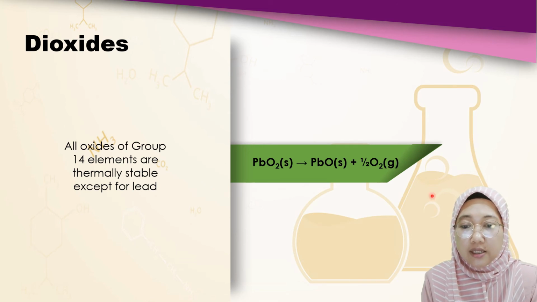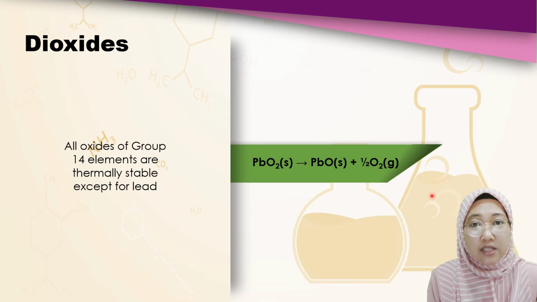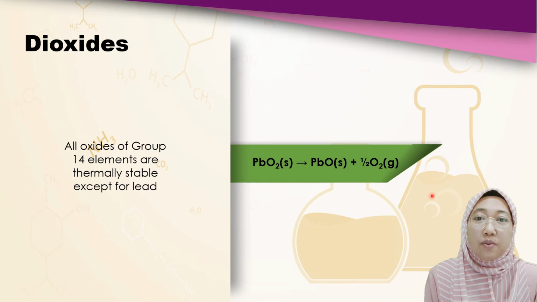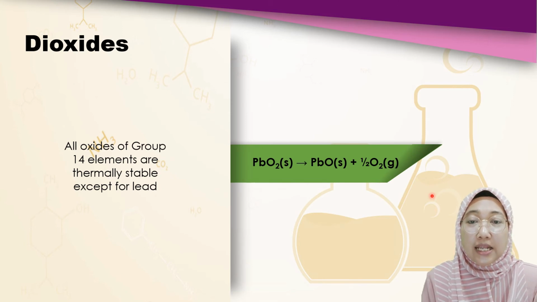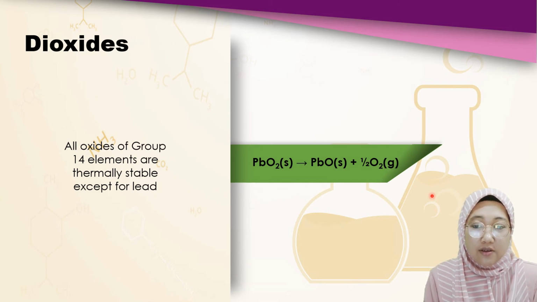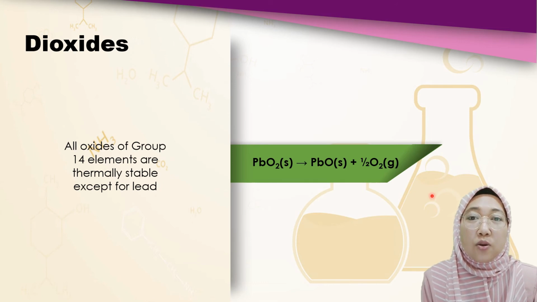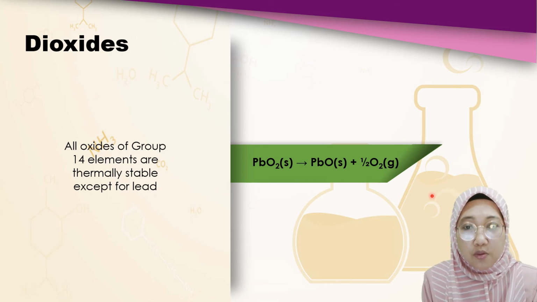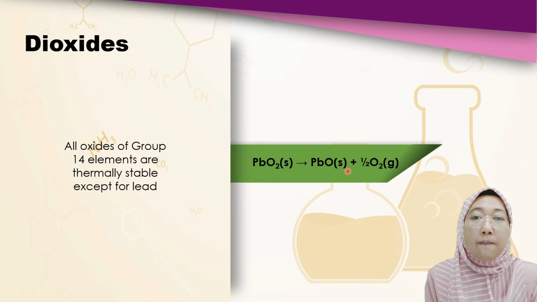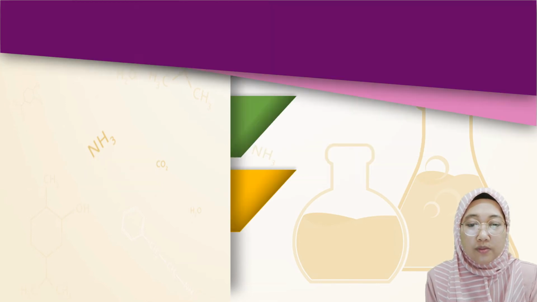Okay, jadi semua dioxide semua dah stable, jadi dia tak perlu untuk decompose melainkan lead 4 oxide. Okay, PbO2 dia kena decompose kepada PbO. Okay, means PbO is more stable than PbO2.